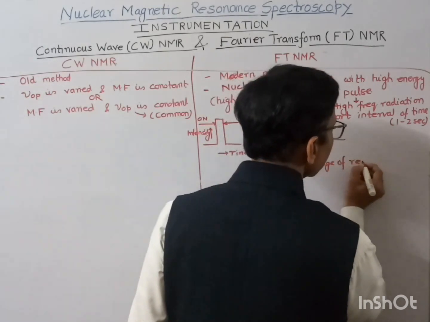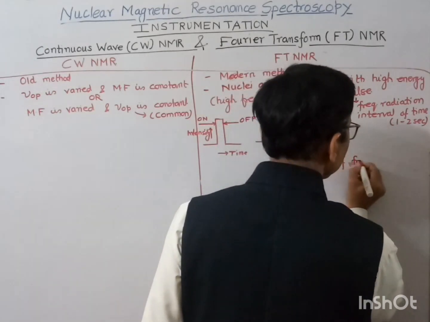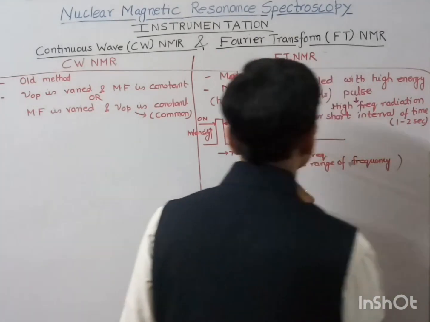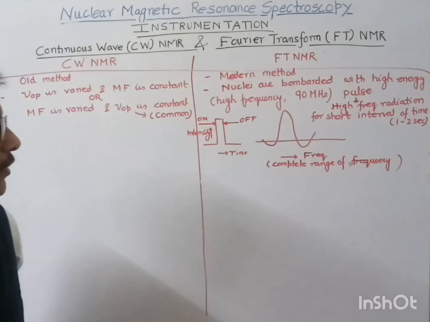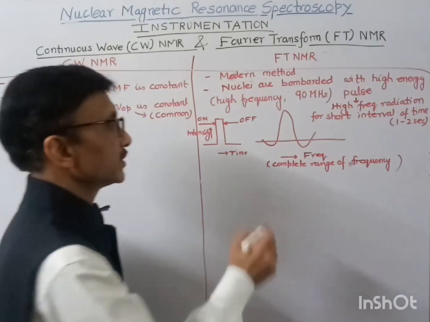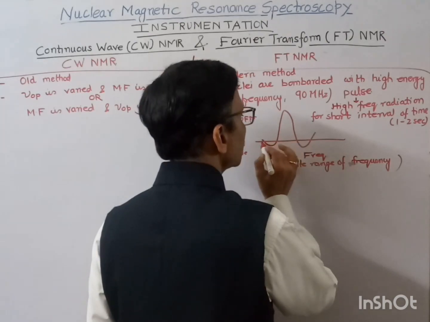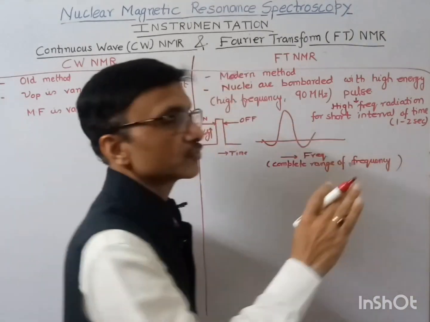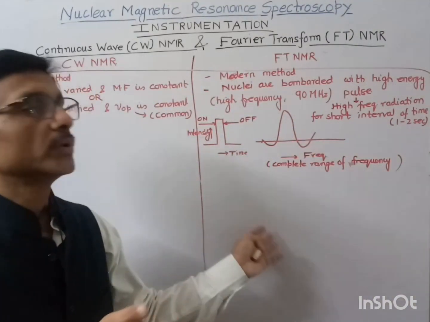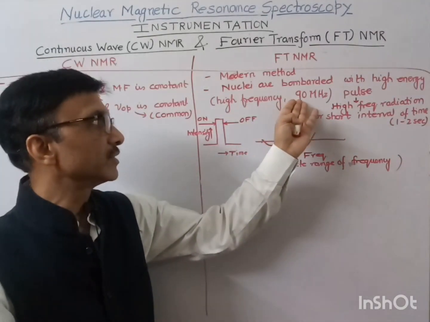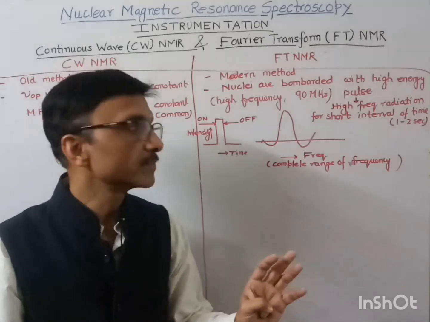It covers the complete range of frequency, and that is called the pulse. It is a high frequency pulse, and it covers from here to here, suppose from 1 to 90 megahertz. It doesn't mean it has only the frequency of 90 megahertz.